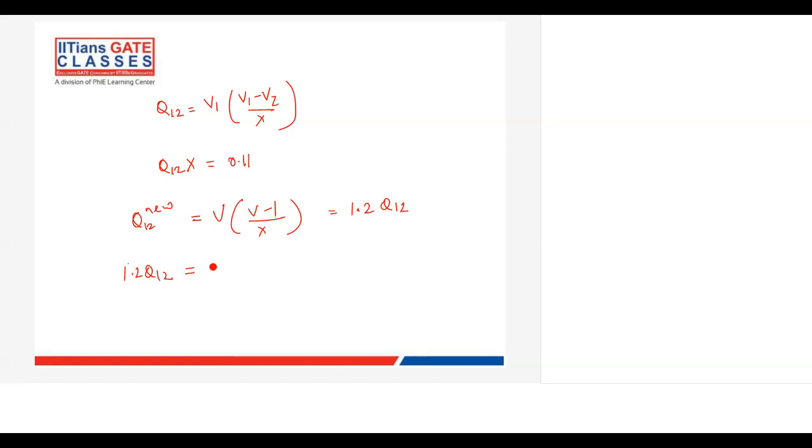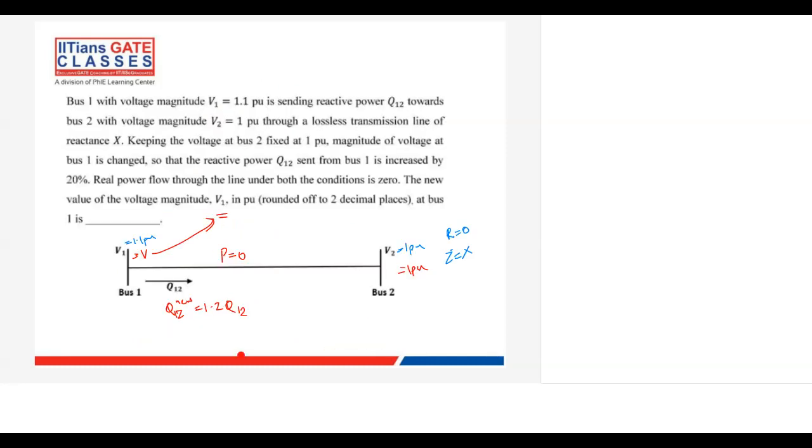So 1.2 times Q12 is equal to V into V minus 1 divided by X. If you rearrange this, you get 1.2 times Q12 into X, which is 1.2 times 0.11, equal to V squared minus V. So we have a quadratic equation: V squared minus V minus 0.132 equal to 0. If we solve this, we will get V as 1.12. The answer here is 1.12.